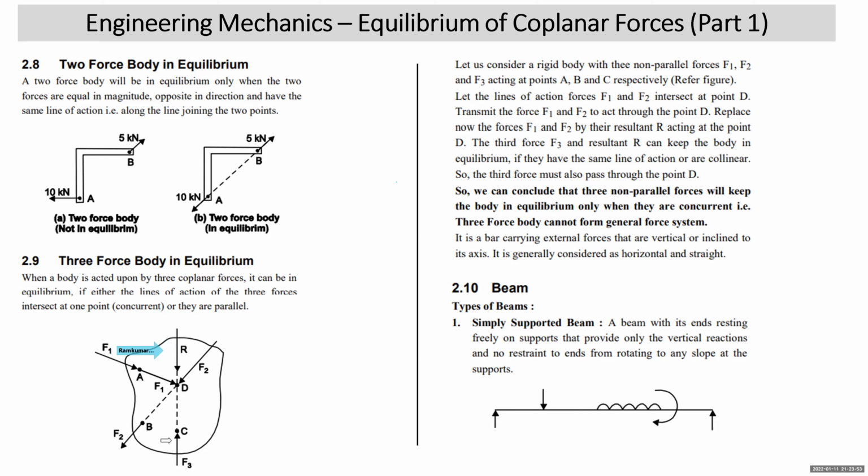R and F3 will keep the body in equilibrium only when they are equal in magnitude, opposite in direction, and acting along the same line of action, which indicates that force F3 has to pass through D. That means three non-parallel forces F1, F2, F3 will keep the body in equilibrium when they are concurrent. So they cannot form a general force system. This is something we need to remember.